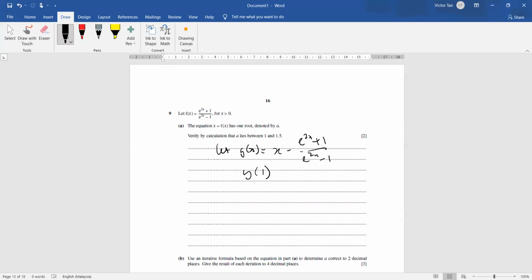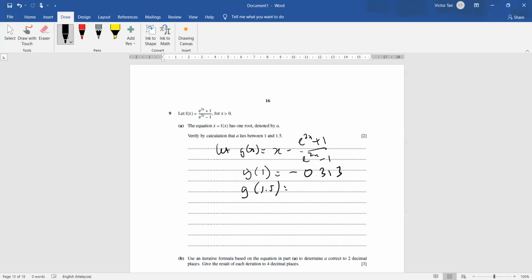So g of 1 is equal to 1 minus e squared plus 1 over e squared minus 1. So this gives you a negative value, minus 0.313.